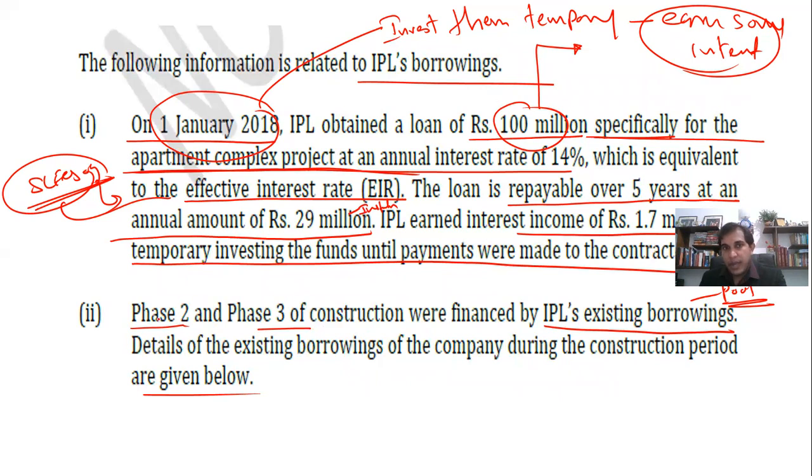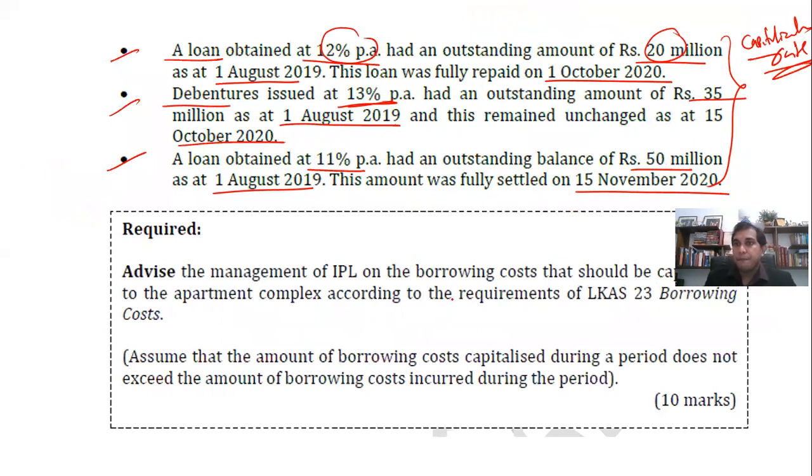So you need to apply that particular capitalization rate to phase 2 and phase 3. But for phase 1, there is no such issue. There is one loan obtained for the entire apartment project.